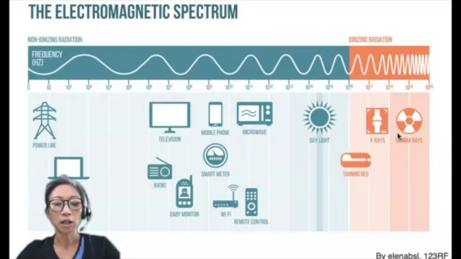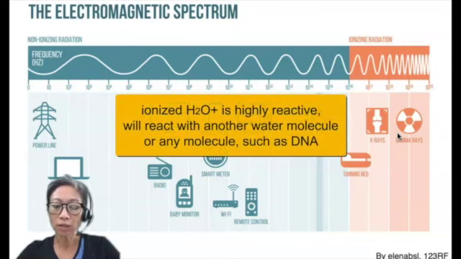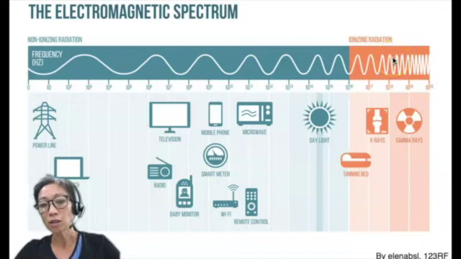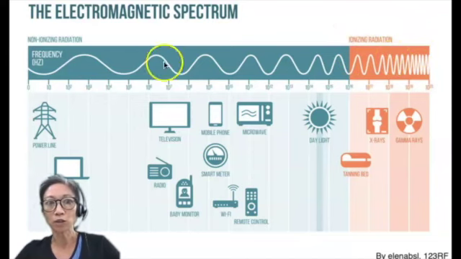In addition, the water molecule that's ionized can also react with any regular water molecule, or that ionized water molecule can react with DNA, and when it reacts with DNA, that can permanently change the DNA and lead to mutations and cancer. So ultimately, this is how radiation causes cancer, by causing molecules to form ions in the first place.